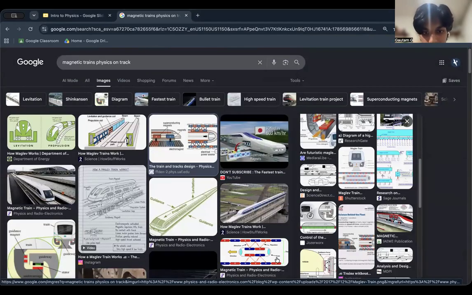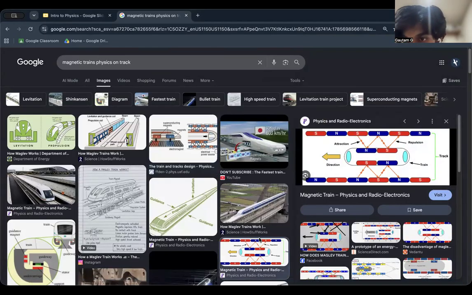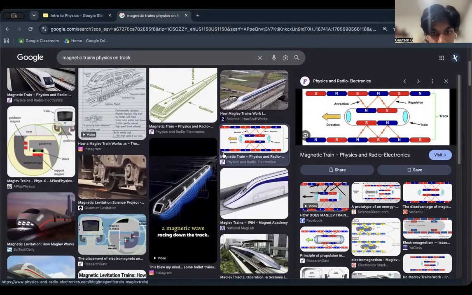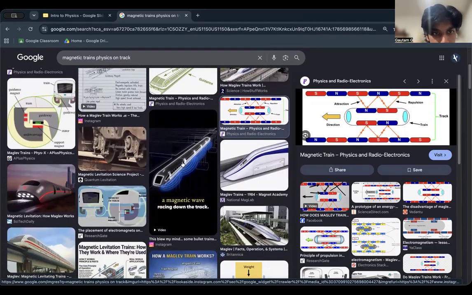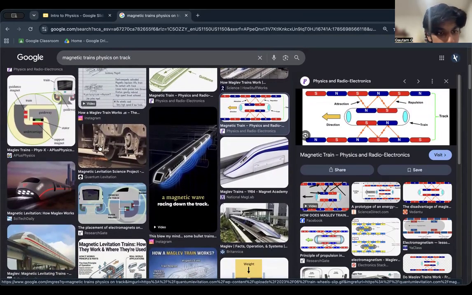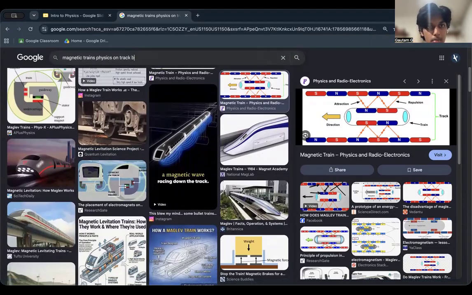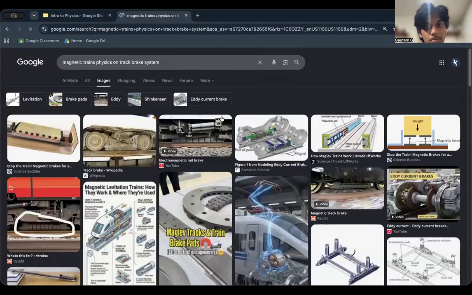I can try to find other pictures. Yeah, this is another good picture. These are all really simplified versions of how it works. I want to see the brake system.